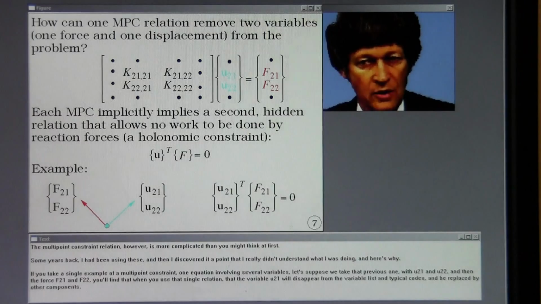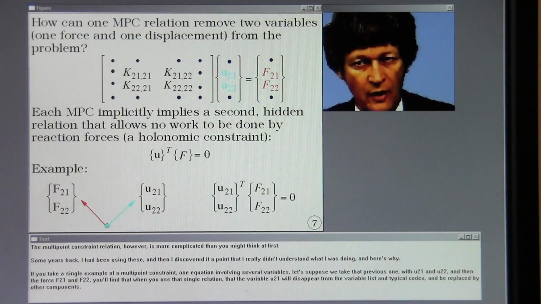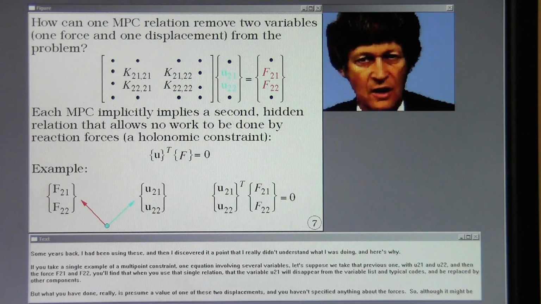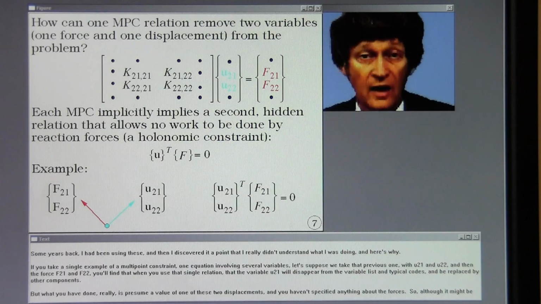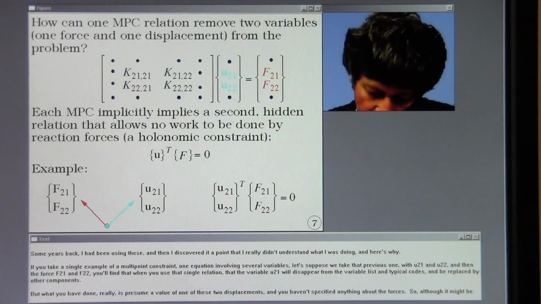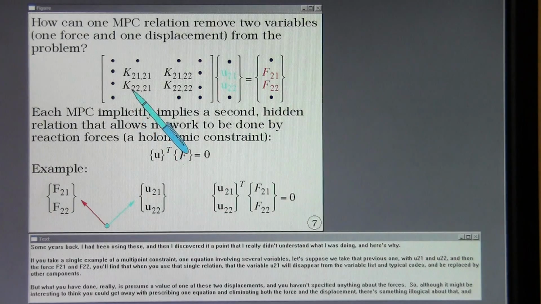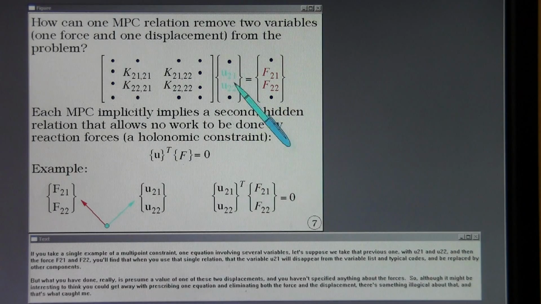The multipoint constraint relation, however, is more complicated than you might think at first. Some years back, I had been using these, and then I discovered at a point that I really didn't understand what I was doing. And here's why. If you take a single example of a multipoint constraint, one equation involving several variables. Let's suppose we take that previous one with U21 and U22 and then the force F21 and F22.